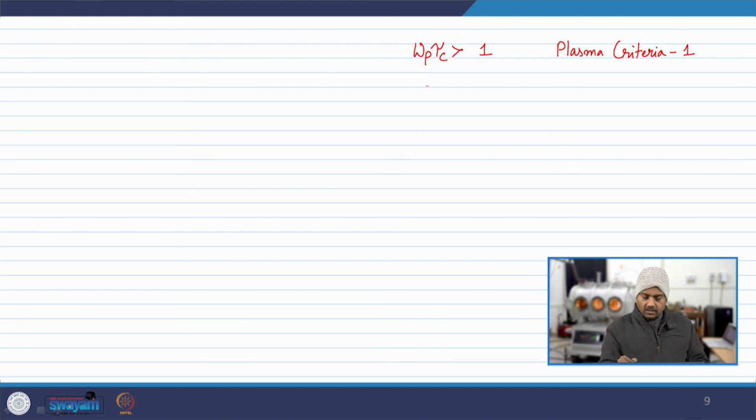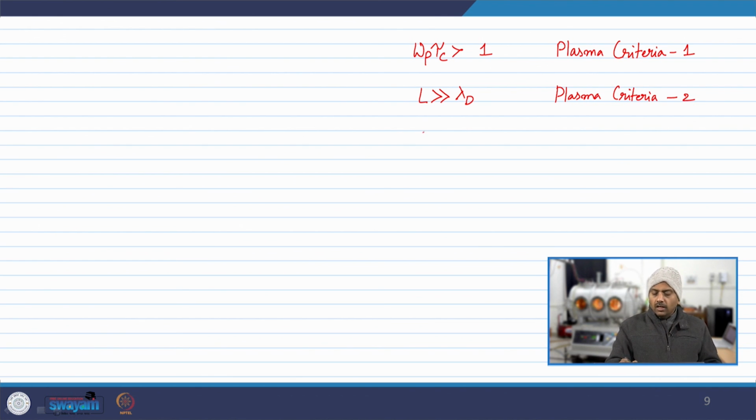Then the second condition is the length scale of plasma system should be much greater than the Debye's length. This is plasma criteria number 2.